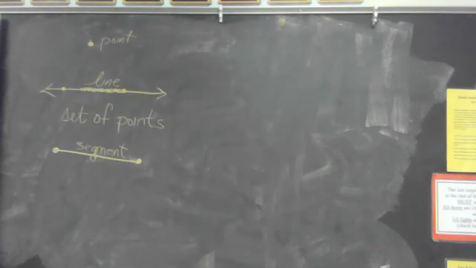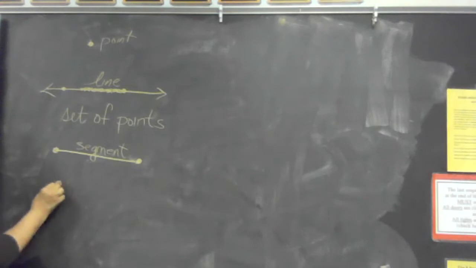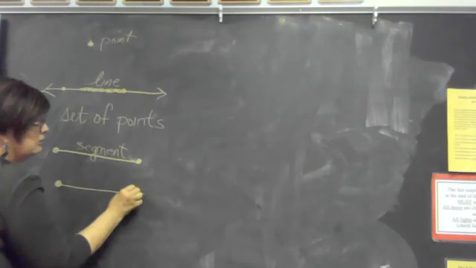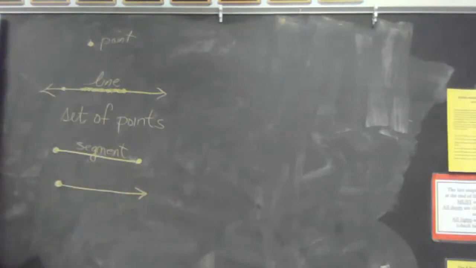And now we also have a set of points that has one end point but extends indefinitely in another direction. Now it can have the point on the left and extend to the right, or it can have a point on the right and extend to the left.